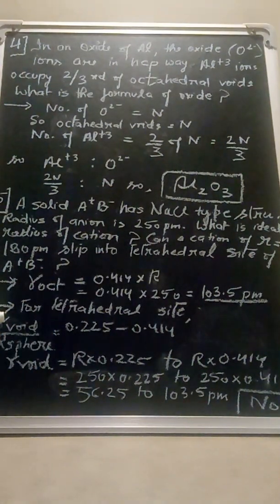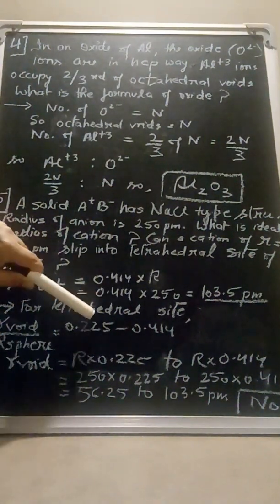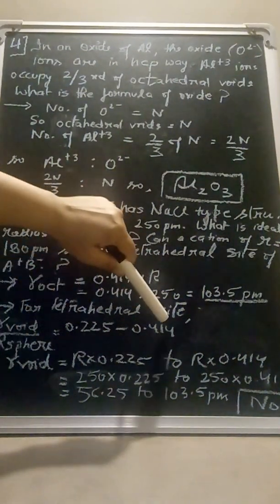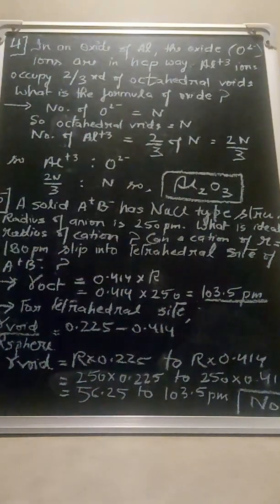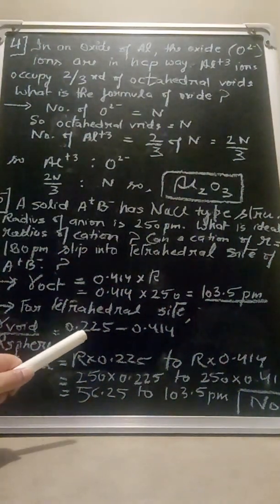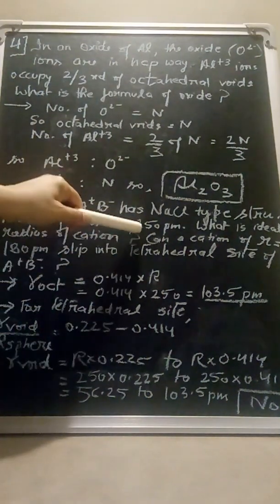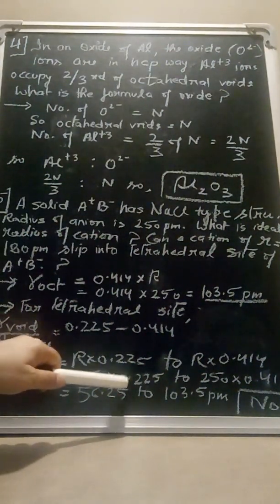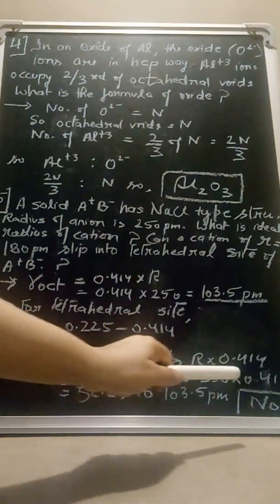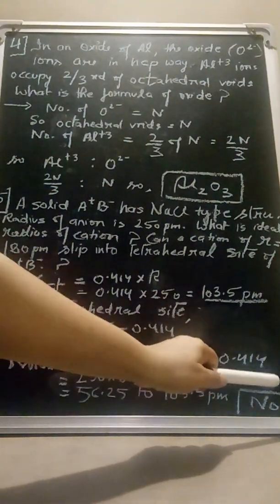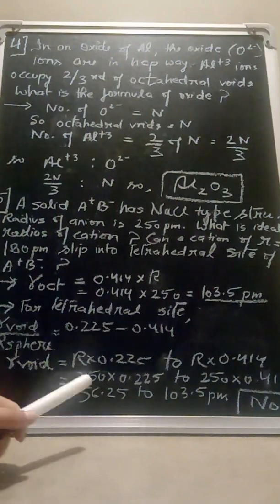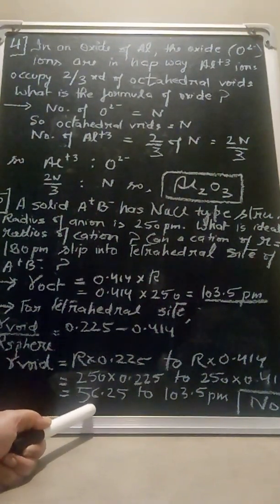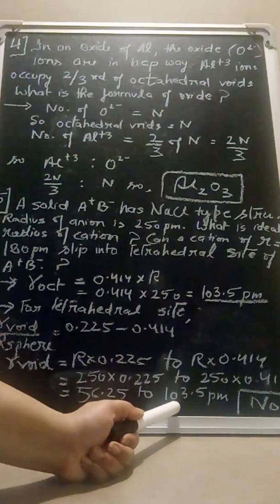So the radius of void will be r sphere into 0.225 for the lower limit, and r sphere into 0.414 for the higher limit. The radius of the sphere, that is the anion, is given as 250 picometer. So 250 into 0.225 to 250 into 0.414. The value comes out to be 56.25 to 103.5 picometer.